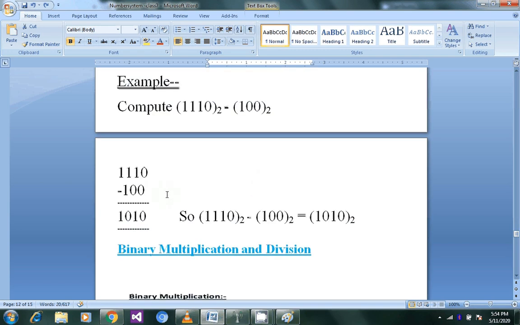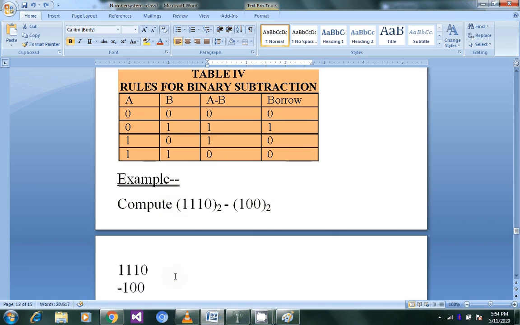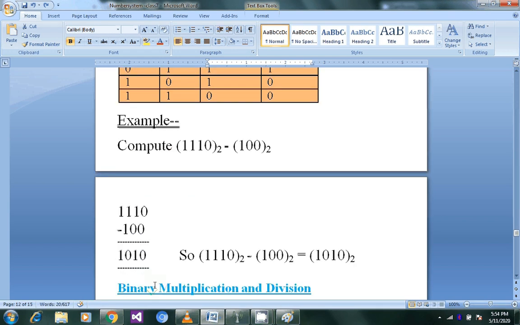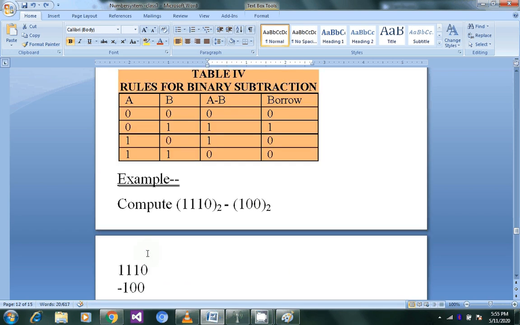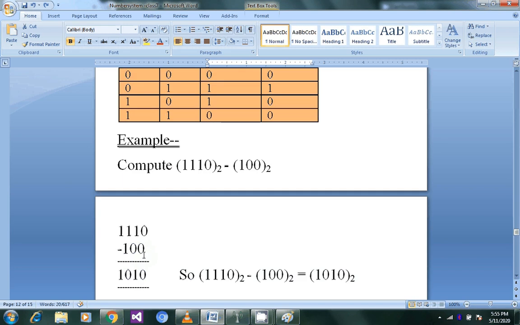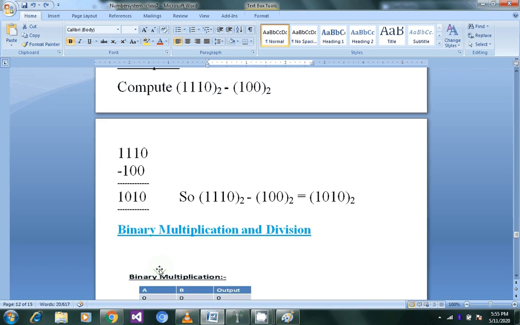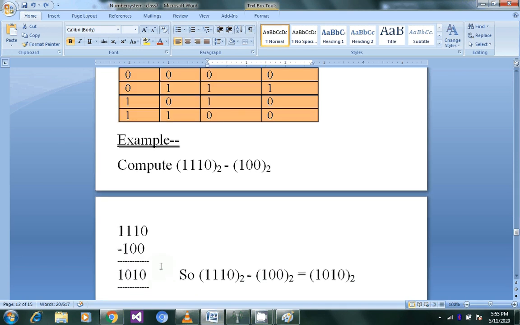So 0 minus 0 gives the result 0, and 1 minus 0 gives the result 1, and 1 minus 1 gives the result 0, and the 1 as usual is brought down, so the result is 1010. This is simple binary subtraction.